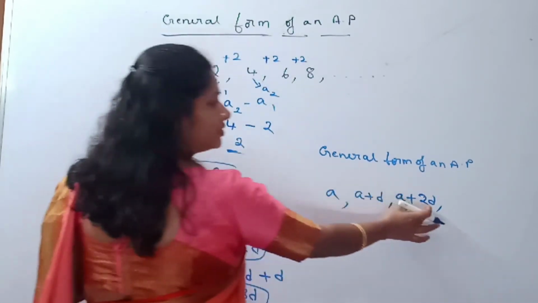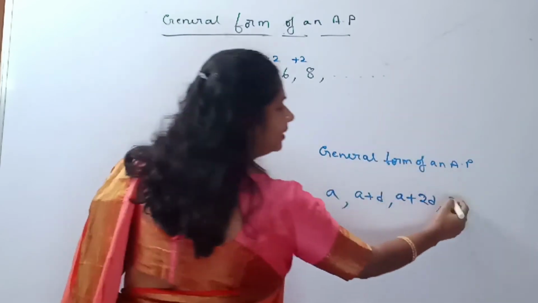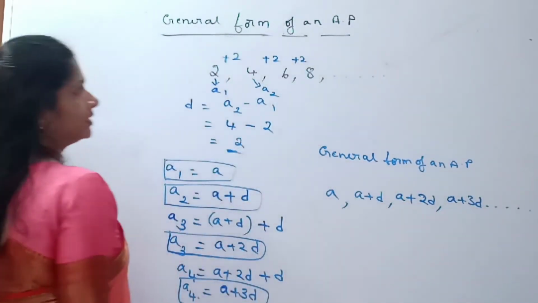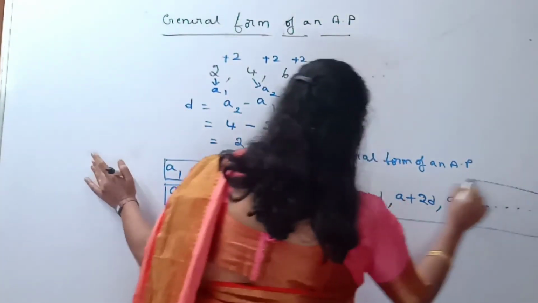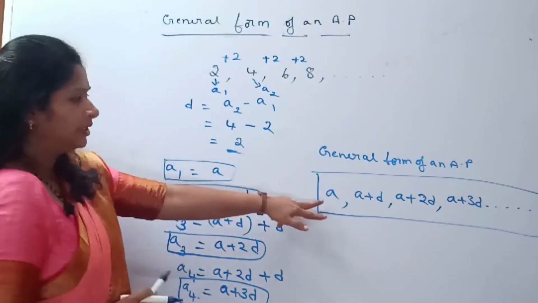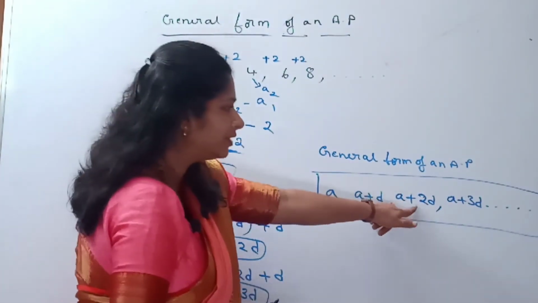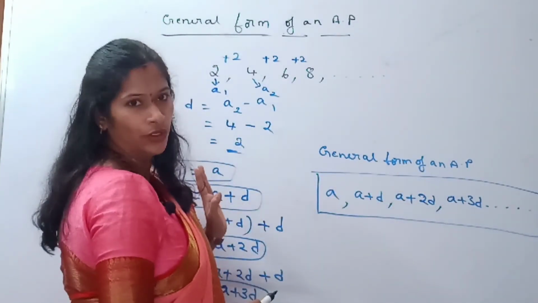Add the common difference to the third term, I'll get the fourth term: A plus 2D plus D, it is A plus 3D, and so on. Clear? So this is the general form of an AP. First term is A, second term is A plus D, third term is A plus 2D, fourth term is A plus 3D, and so on.